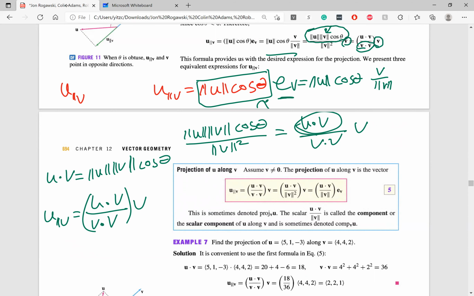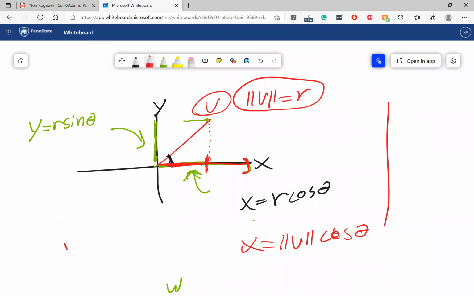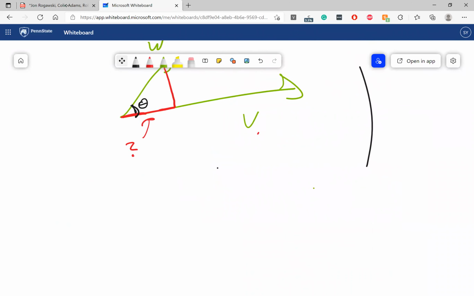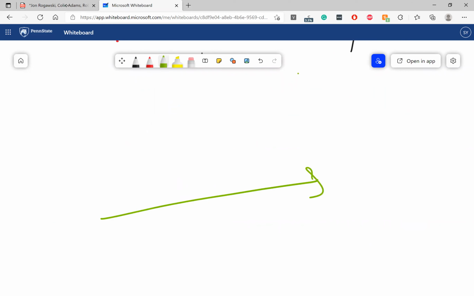What does it mean to project a vector onto another vector? When we're projecting a vector onto another vector, we can imagine having v here and having u here. So here's our u and here's our v. We would first want to find, if I go from here in a straight line to the other vector, this length over here.